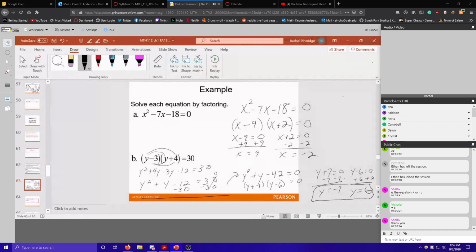If you can't factor, I have resources to send to you that will help you factor, but you have to be able to factor. Don't tell me on here so your classmates can see. Just email me and say, I need some extra help with factoring. I need some resources, and I'll get you some.